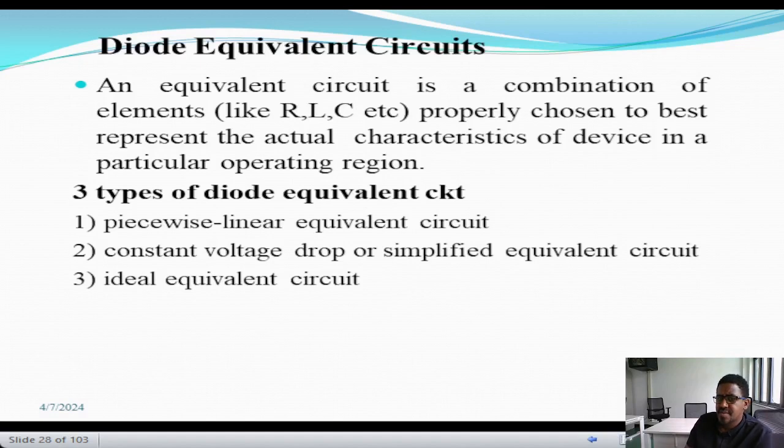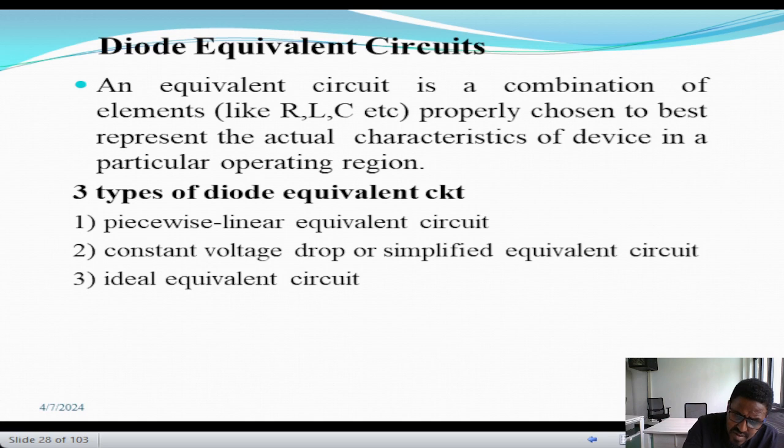Diode equivalent circuits. An equivalent circuit is a combination of elements like resistor, inductor, capacitor, etc., properly chosen to best represent the actual characteristic of a device in a particular operating region. We have three types of diode equivalent circuits: piecewise linear equivalent circuits, constant voltage drop or simplified equivalent circuits, and ideal equivalent circuits.